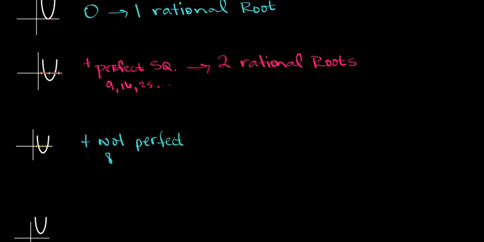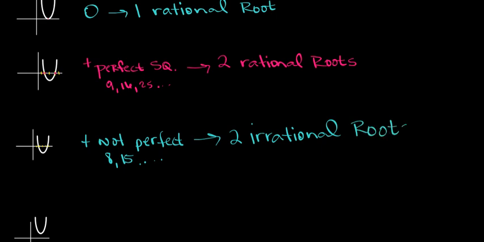It should be like 8 or 15, and you're still going to get 2 answers, but you're going to have irrational roots. And what I mean by irrational is you're going to have square roots.